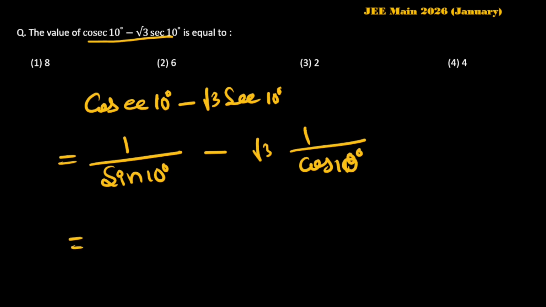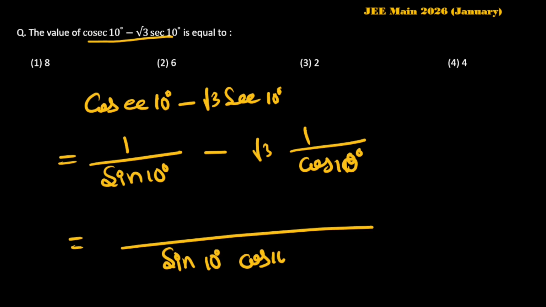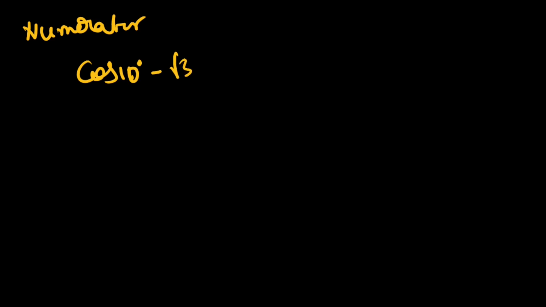Now we take the LCM: sine 10 degree cos 10 degree, with numerator cos 10 degree minus root 3 sine 10 degree. Now we calculate the denominator and numerator one by one. The numerator is cos 10 degree minus root 3 sine 10 degree.